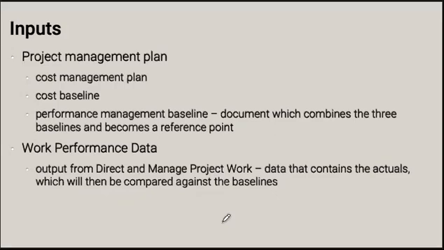This is the data that contains the actual current project performance for costs, and we're going to compare that actual cost performance data with the baselines to produce information about variances, to identify the current health of the project, and so on.